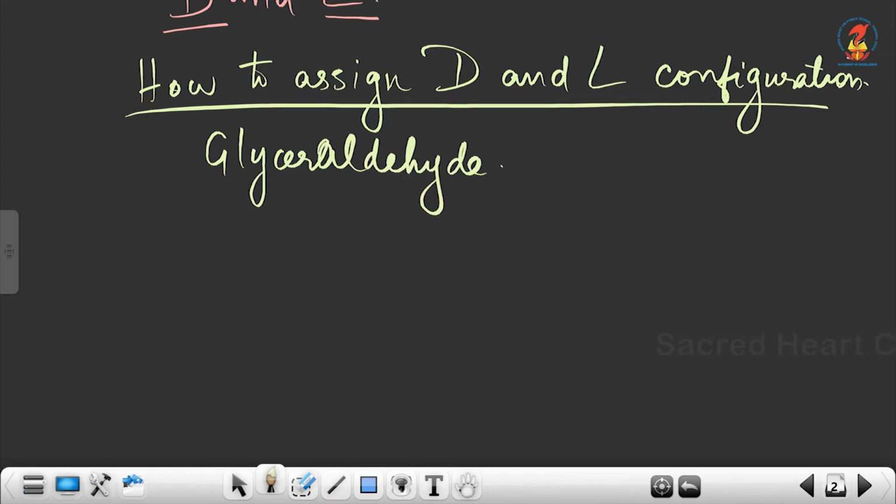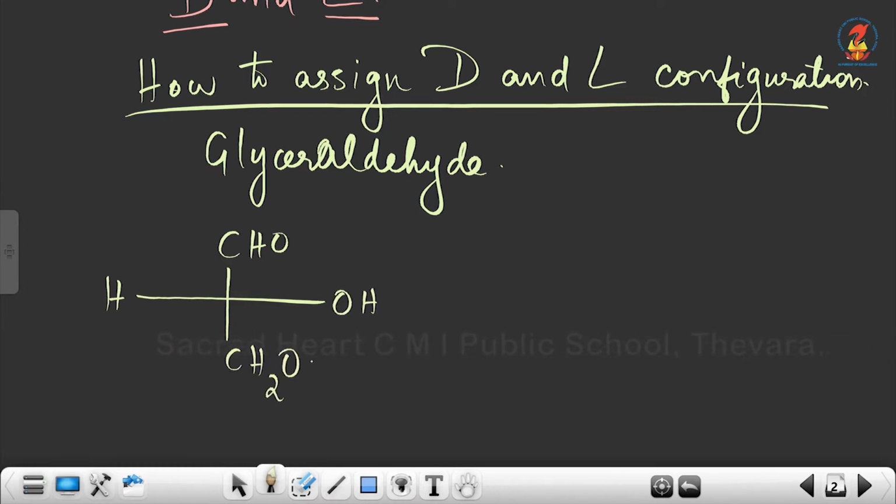The structure of glyceraldehyde is CHO, H OH, CH2OH, and this glyceraldehyde is given the name plus glyceraldehyde.